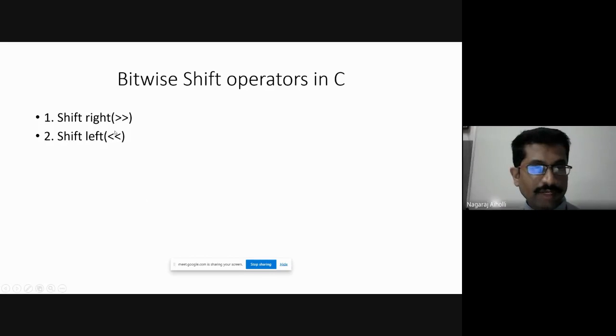Shift right is indicated by two arrow symbols with the arrowhead pointing to the right side. If the arrowhead points to the left side, then it is shift left.